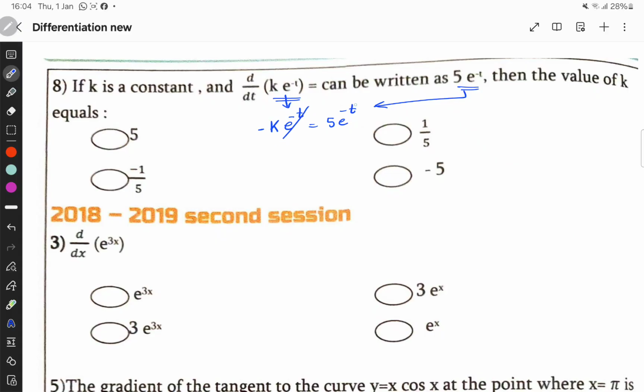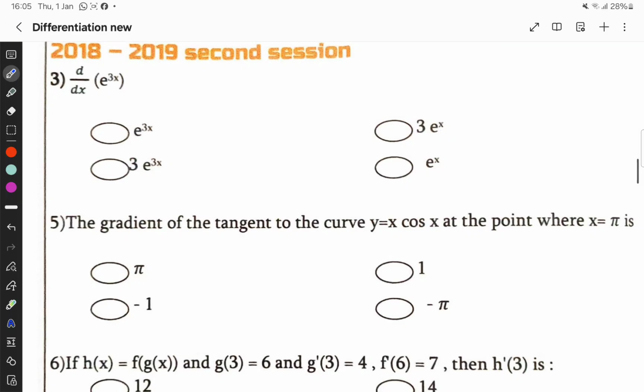Now if you divide by e, the e's cancel, so negative k equals 5. But I want to find k only, so k is equal to negative 5. We divide by negative 1. And the next question, the differentiation of a is copy paste, and the differentiation of the power is 3.